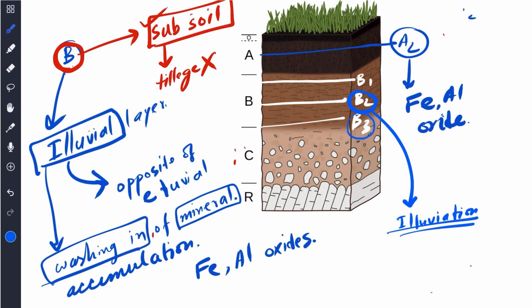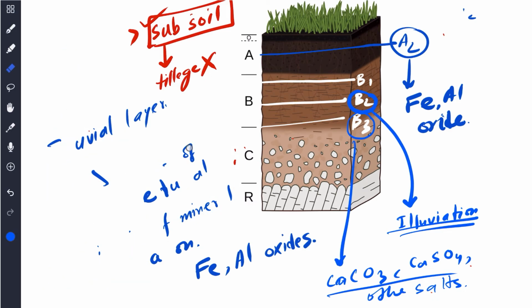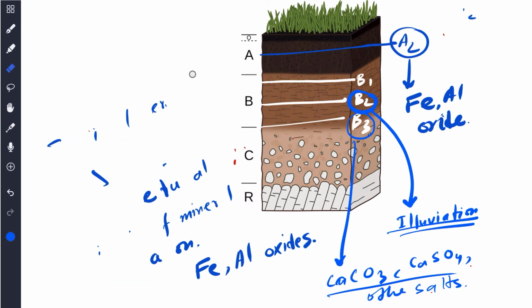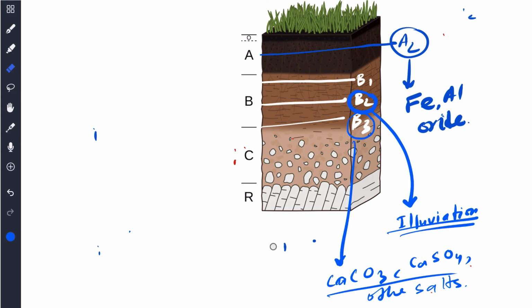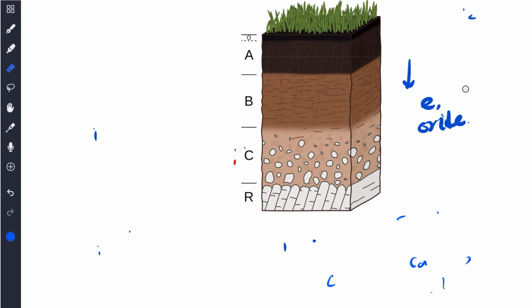And in the B3 layer you can also see the accumulation of calcium carbonate, calcium sulfate, and other minerals and salts. So that's the important point regarding the B layer. Just remember this, and this will be enough for any exam, and the questions come from these important points only.